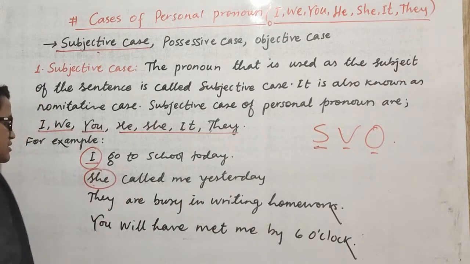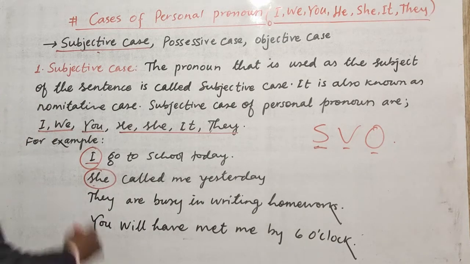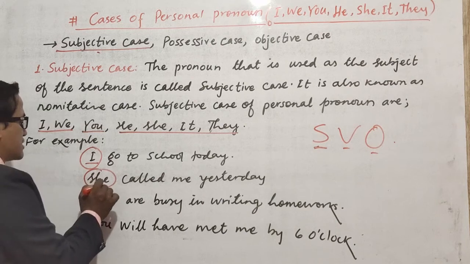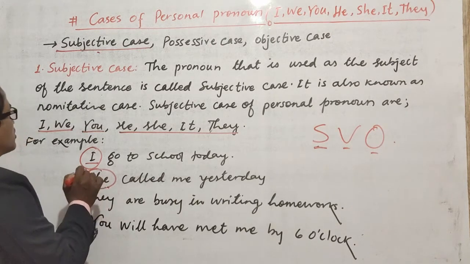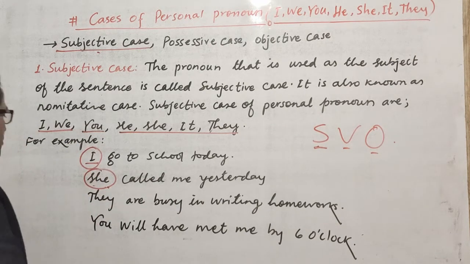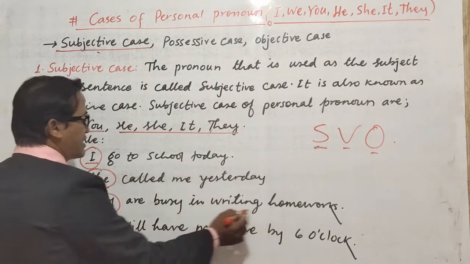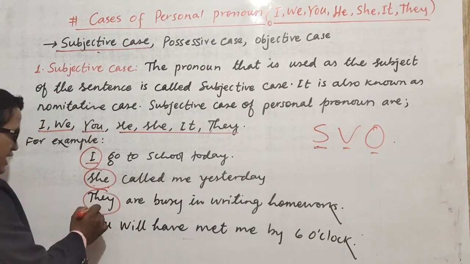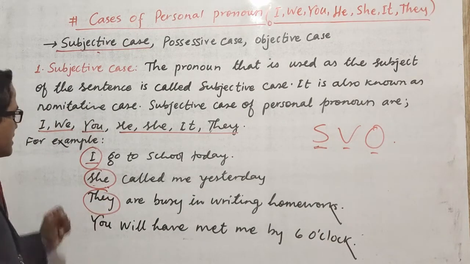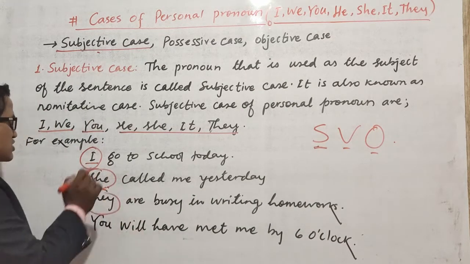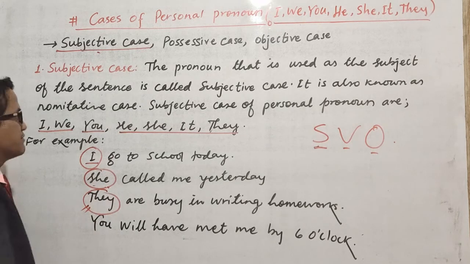She is functioning as subject, that's why this is subjunctive case. Now next, they are busy in writing homework. They is functioning as subject in the sentence, that's why this is subjunctive case.